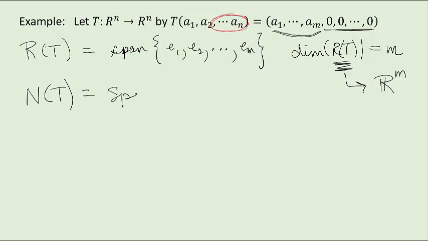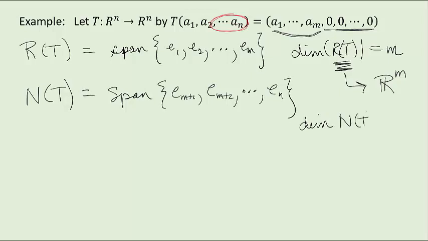The null space is the span of e sub m plus 1, e sub m plus 2, out to and including e sub n. We see that the dimension of the null space is n minus m. In fact, we could identify the null space in our minds as R^(n minus m).